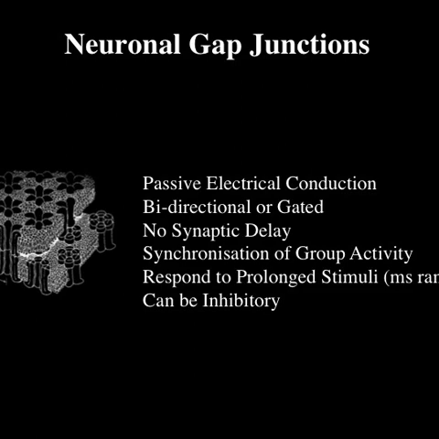So the features of this neuronal gap junction is that it allows passive electrical conduction. A change in membrane potential in this cell directly influences the membrane potential of the other cell.